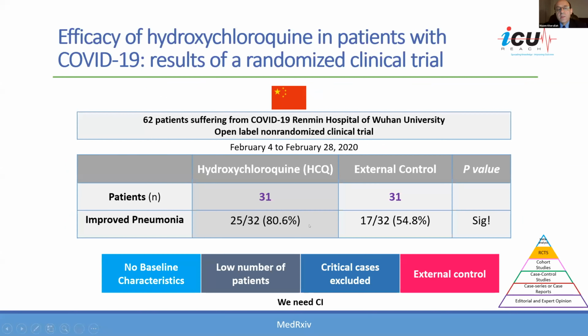There's an improvement in pneumonia in 81% in the hydroxychloroquine group versus 55% in external controls. No baseline characteristics mentioned, low number of patients, excluded critical cases, and as I said, external controls, very poor statistical analysis, no confidence intervals. So very big question mark about this study.